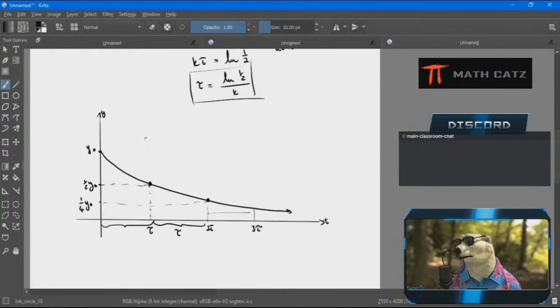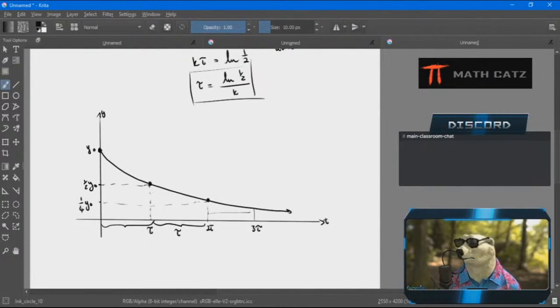So the half-life is another way of indicating how this decay process is happening. It's not connected to how much I have, but rather a proportional decrease relative to the amount that I had.